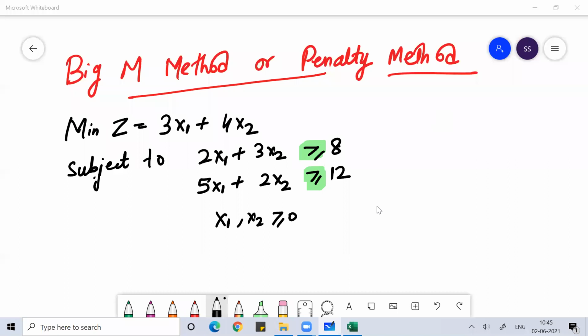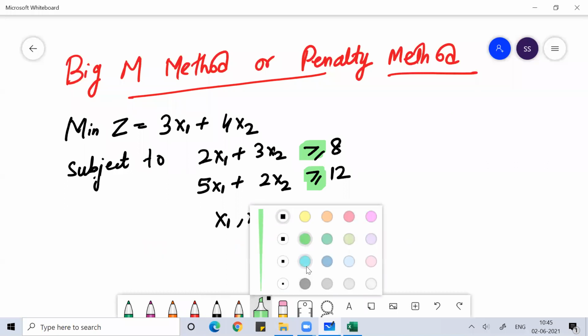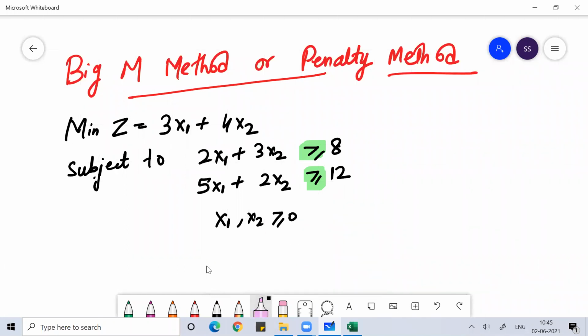For the time being, remember, guys, the Bingham method is an alternate approach to solving the LPP problem using the simplex method when you have a greater than or equal to sign in the constraint. Now, how do we do it? We'll learn that.